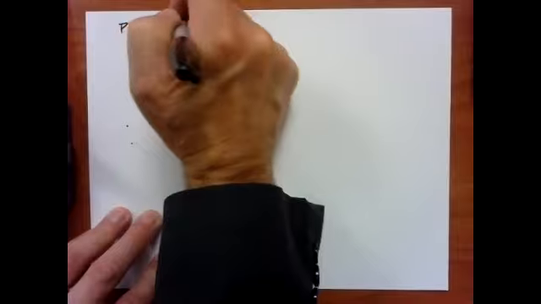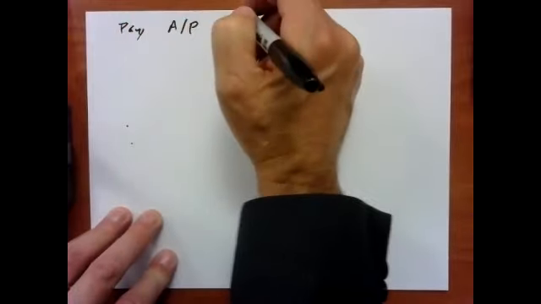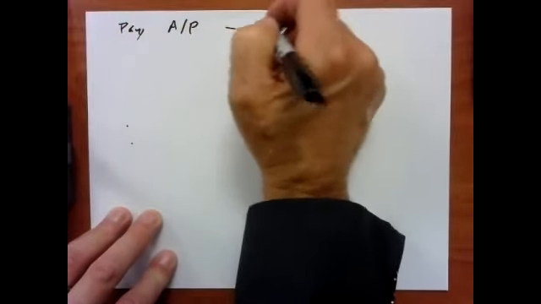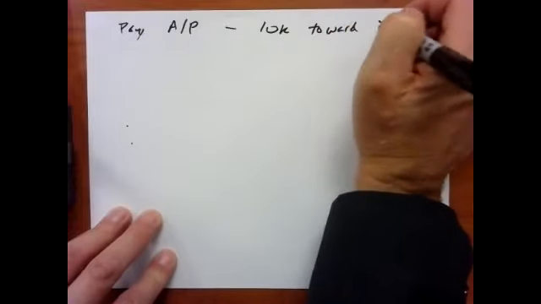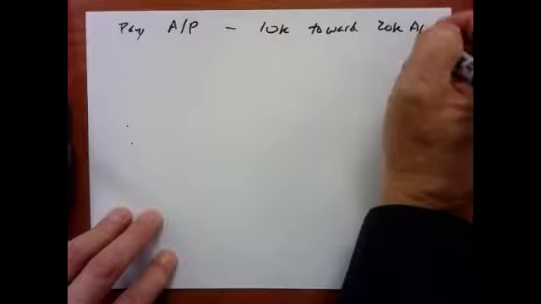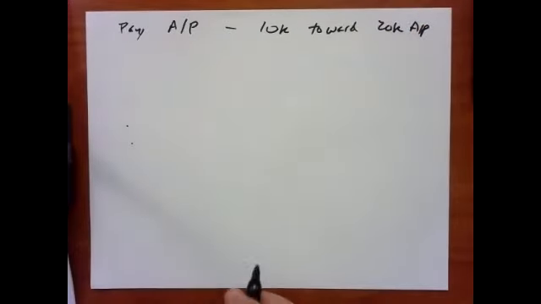We now pay our accounts payable. We pay $10,000 toward the $20,000 in accounts payable. So what happens?